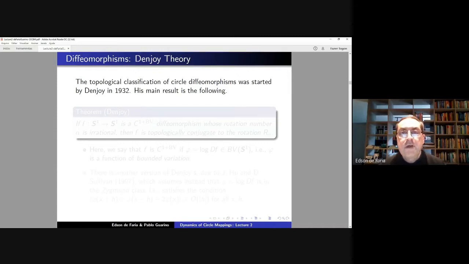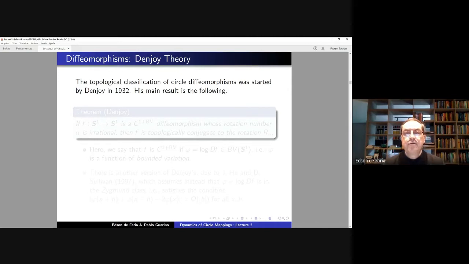So let's discuss briefly what's called Denjoy theory. Denjoy investigated the problem of when a circle diffeomorphism is topologically conjugate to a rotation, okay?